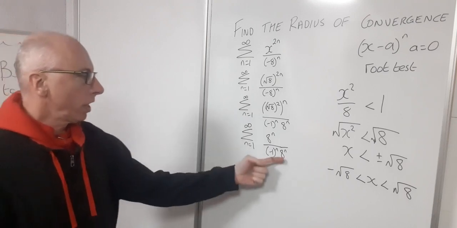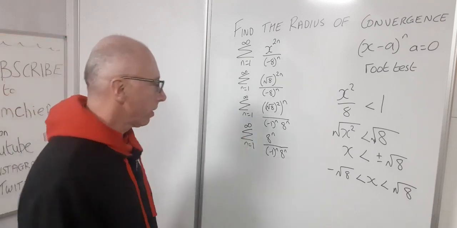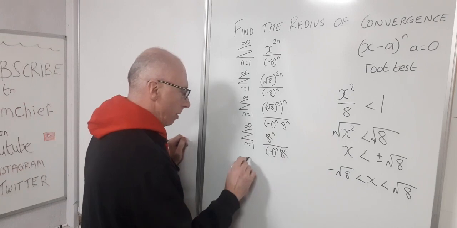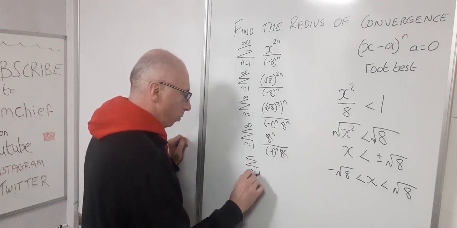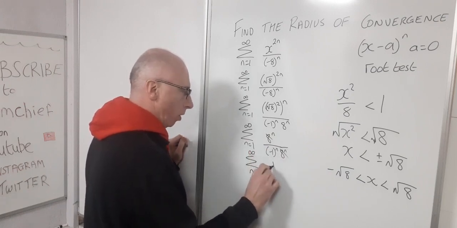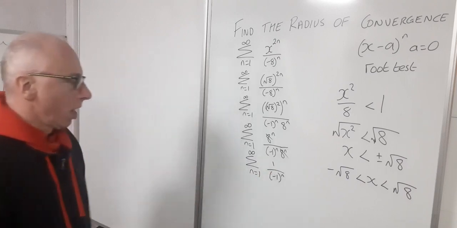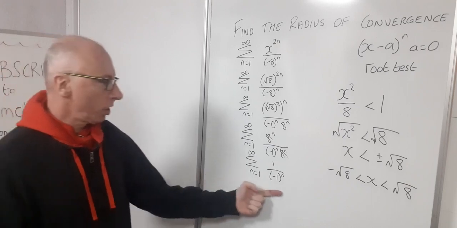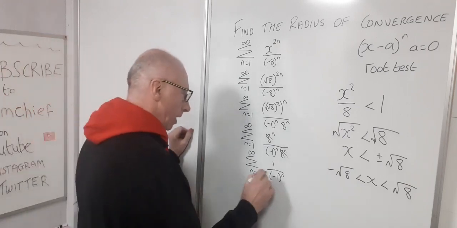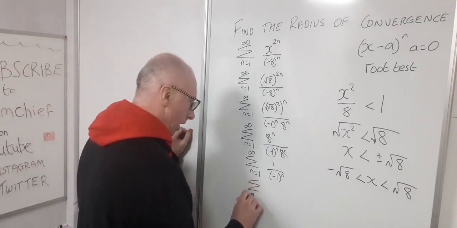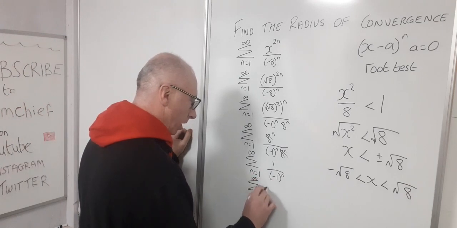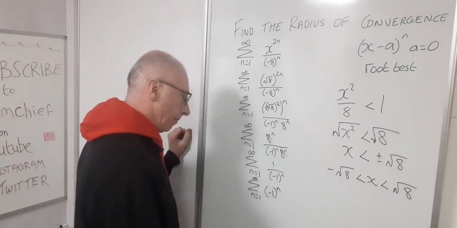Okay, well we can see straight away that these will cancel out. So now we've got the sum from n equals 1 to infinity of 1 over (-1) to the n. This simplifies to the sum from n equals 1 to infinity of (-1) to the n.